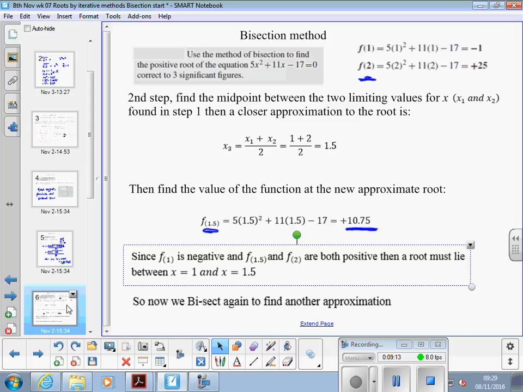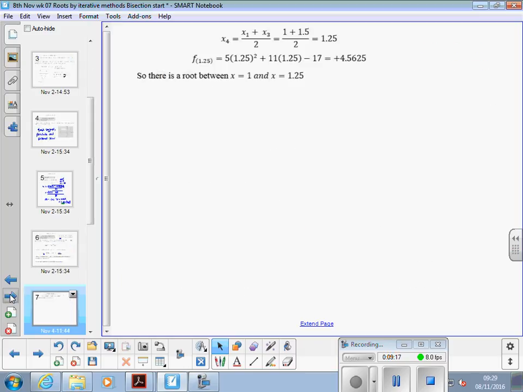So the next step: find the next guess. In my method I've called that x4. I'm looking between the x1 guess, when x is 1, and 1.5, coming up with a new guess to our root of 1.25, plugging that into the formula there, to find that it's still positive.